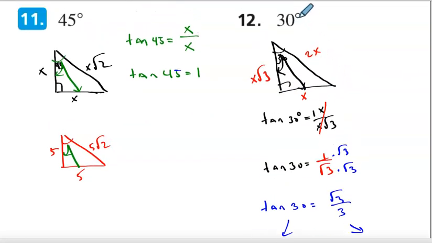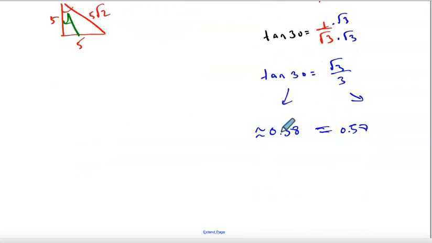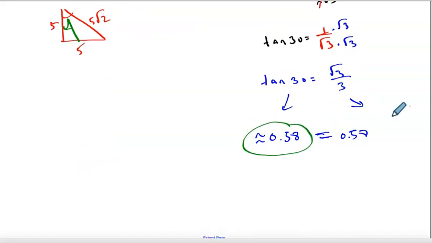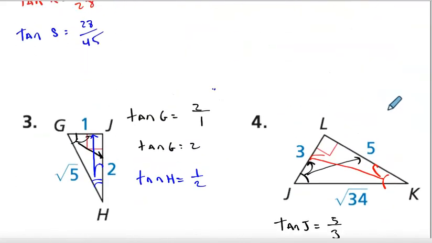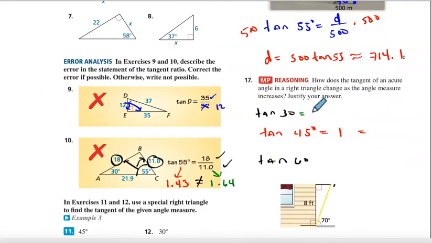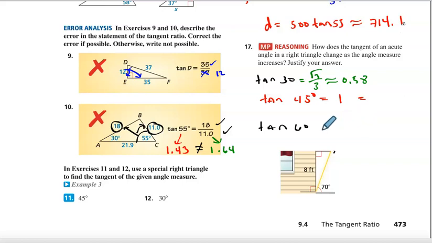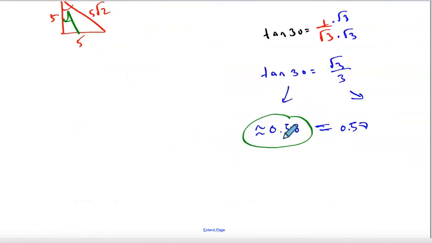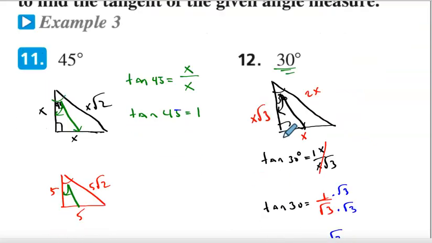We said the tangent of 30 degrees, when we plug that in, is approximately equal to 0.58. Right? We said the tangent of 30 degrees is square root of 3 over 3, or approximately 0.58. And what about the tangent of 60 degrees? Well, we could come back down here for a second, and if I look at the 60 degree one, this is going to be my 60 degree angle.